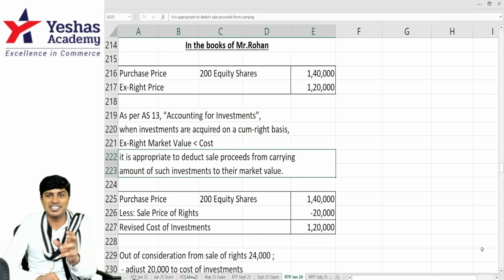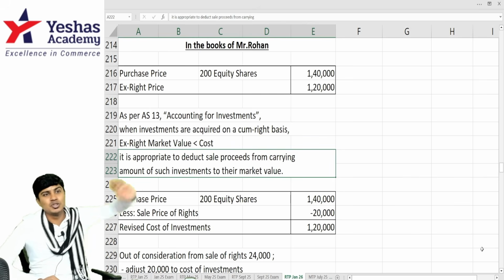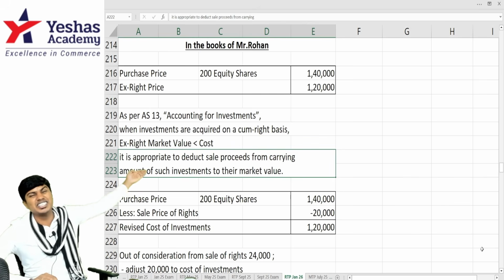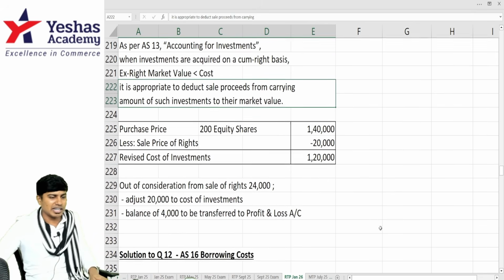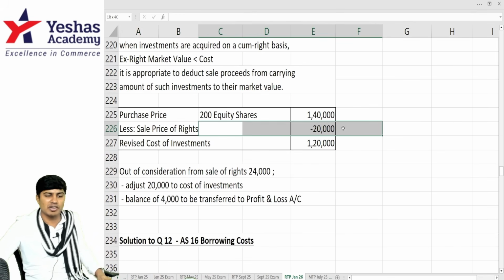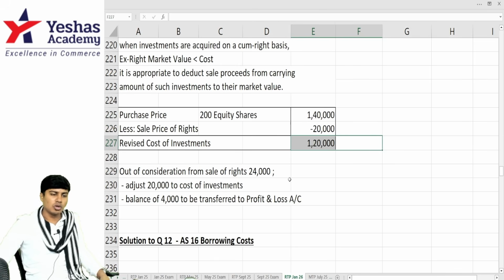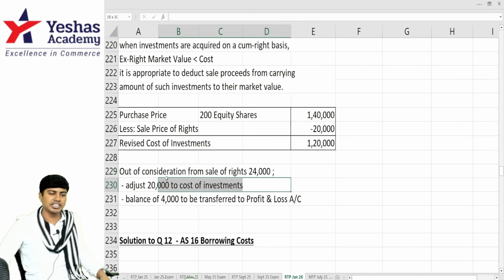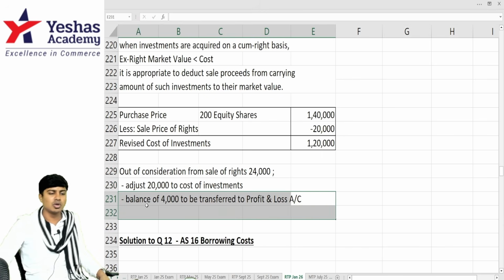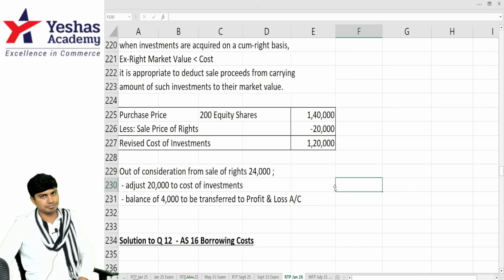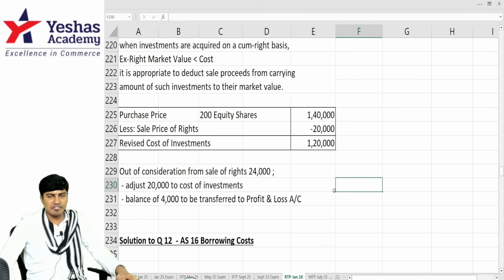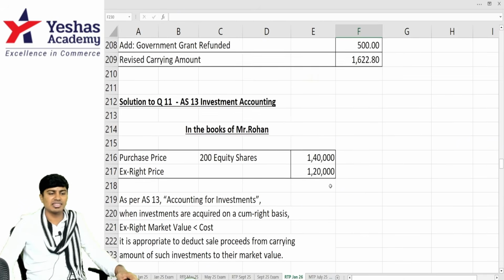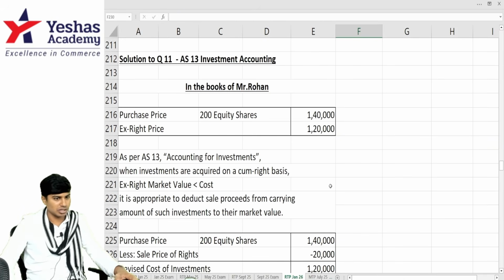Here the sale of right consideration, before transfer to P&L, should be adjusted against the cost to the extent there is loss. So I will take 20,000 and deduct it from my cost of investments, making it 120. But out of 24,000 sale of right consideration, 20 is adjusted against cost. 4,000 will be taken to profit and loss account. This, my friends, is question number 11 on Accounting Standard 13, investment accounting.